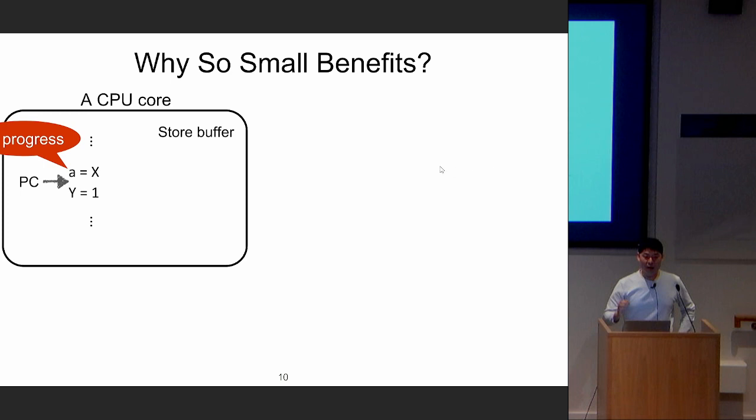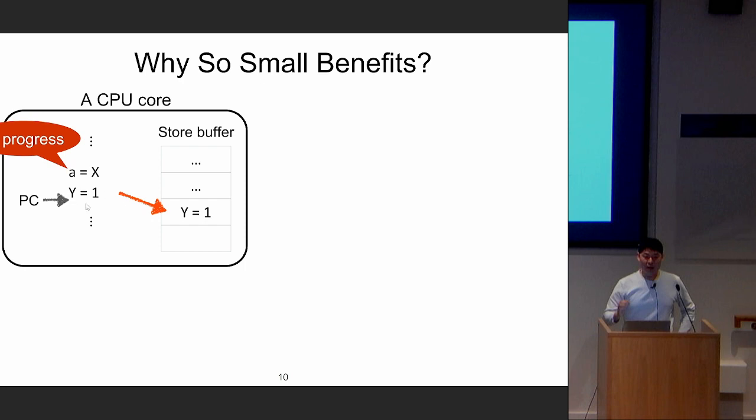Let's look at a CPU core, and there is a load and a store, right? This load may take some time because of, for example, a cache miss, right? Then the CPU executes further, y equals 1, and even when the load is incomplete, y equals 1 is executed and put into the store buffer, okay?